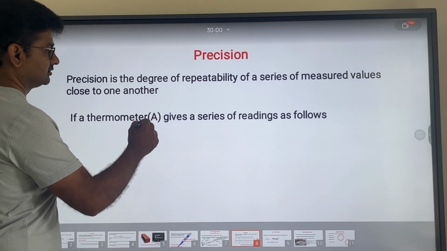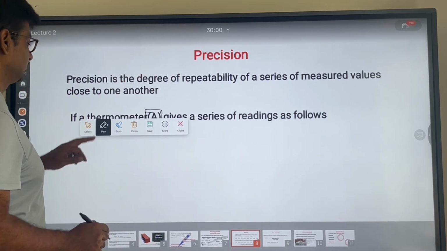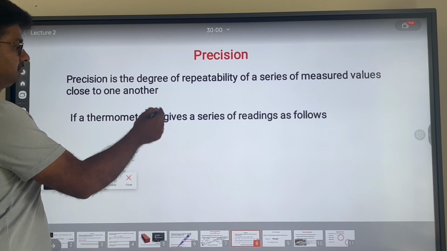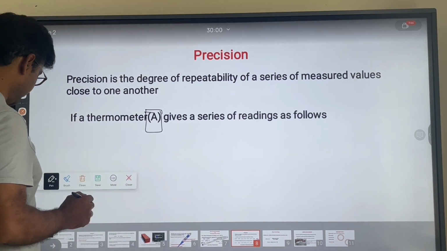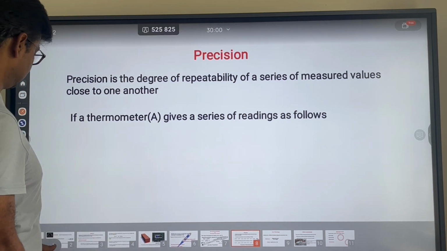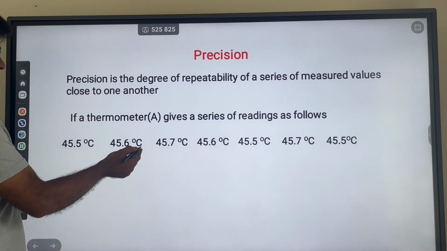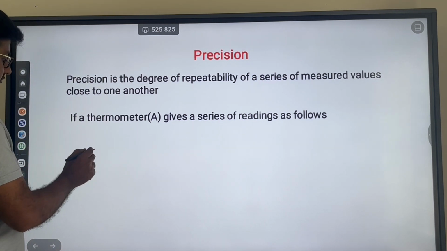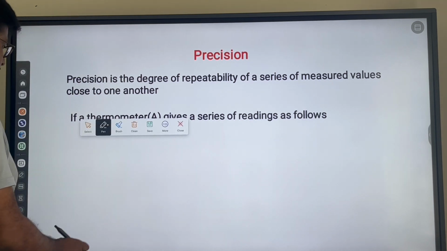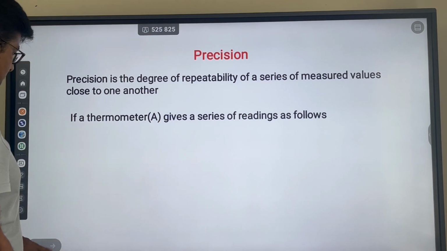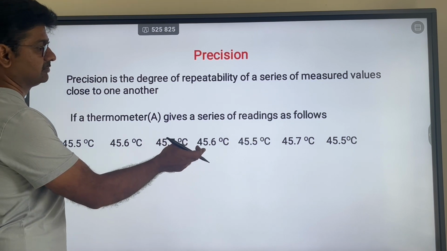This is one thermometer A, which is measuring temperatures, and you are getting temperatures like this: 45.5, 45.6, 45.5, 45.5, 45.6, 45.7, 45.6, 45.5.